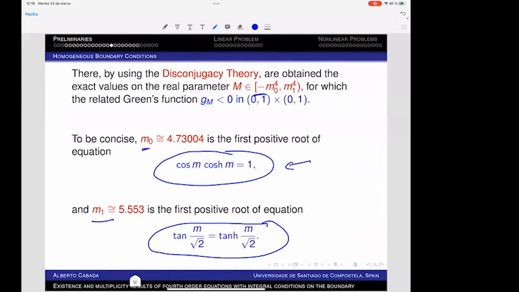At that time we obtained it by studying the Green function, but we were not able to relate it with anything. This is the optimal value.